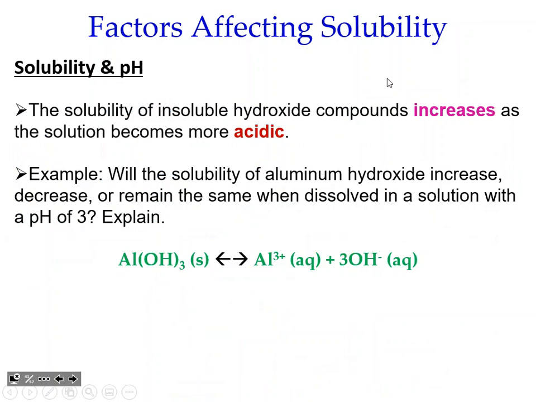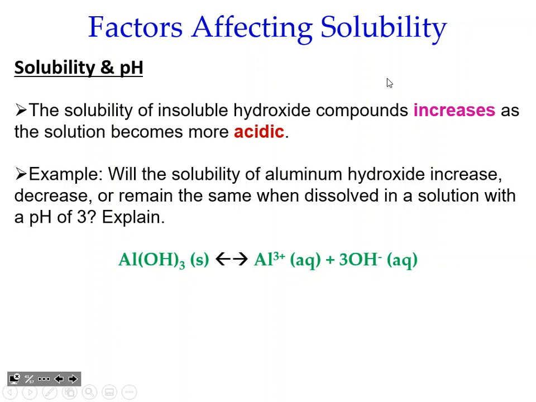The next one is if you have a very insoluble hydroxide like aluminum hydroxide. Remember, most hydroxides are insoluble. The only ones that are soluble are the alkali metals, and calcium, strontium, barium are slightly soluble. They are considered strong because when they do partially dissociate, you do have a higher concentration of the hydroxide.